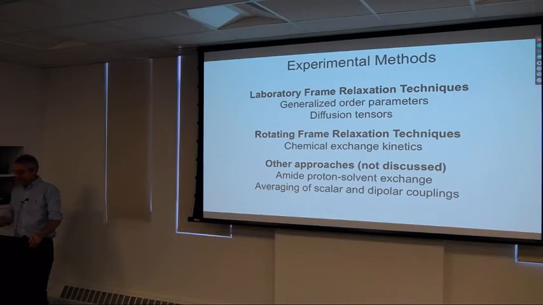We won't really have time, in today's lecture anyway, we may get to it in a future lecture, about techniques such as amide proton-solvent exchange or averaging of couplings that also provide information about conformational fluctuations, but don't so easily provide time scales. The nice thing about the first two categories is one, at least in theory, obtains information about time scales of processes.